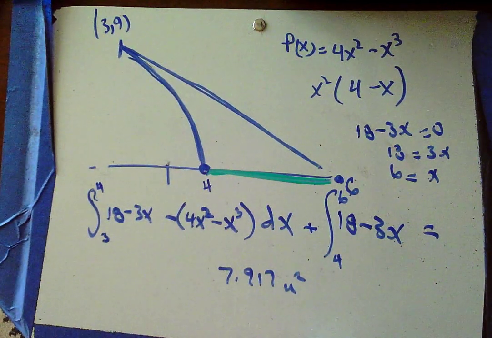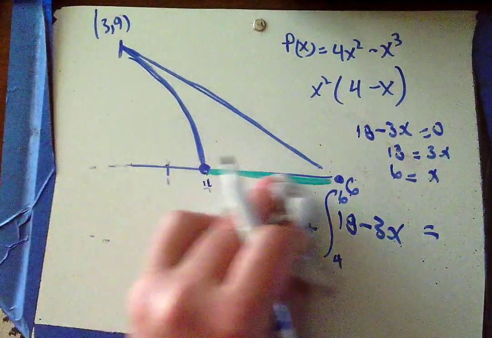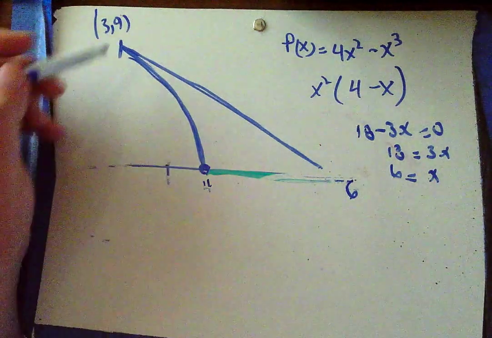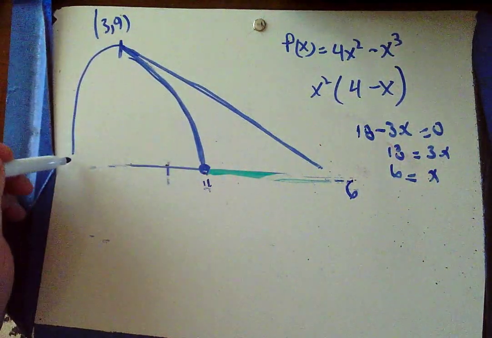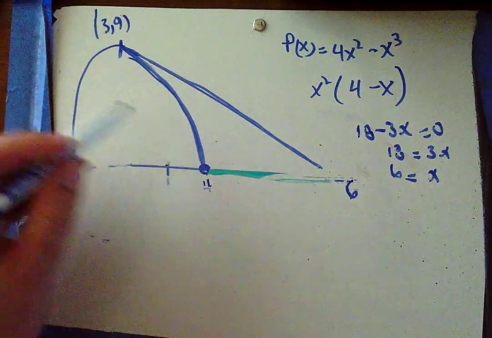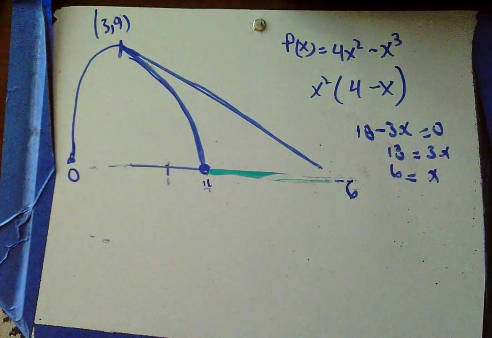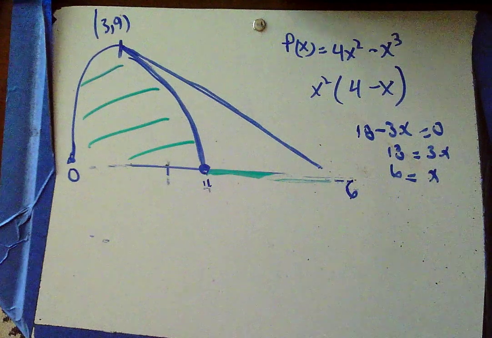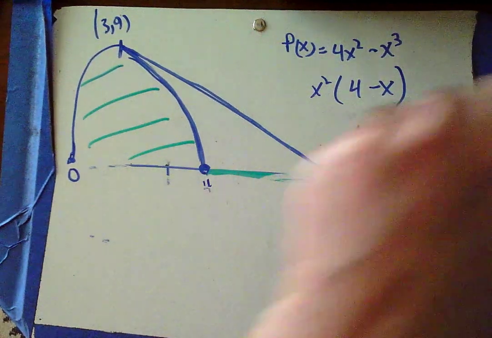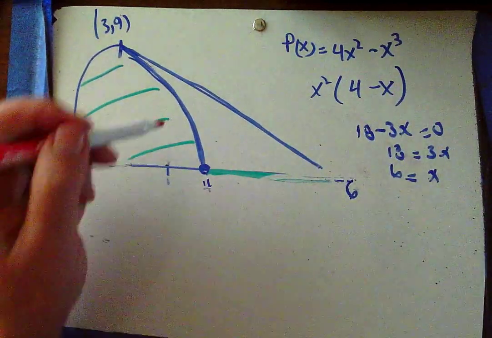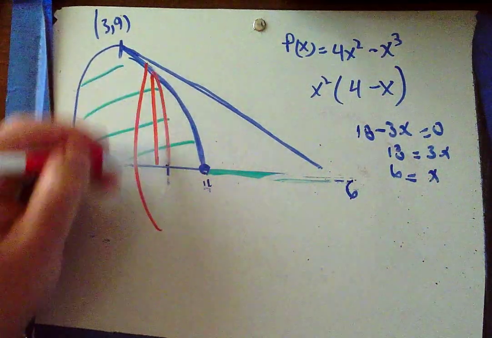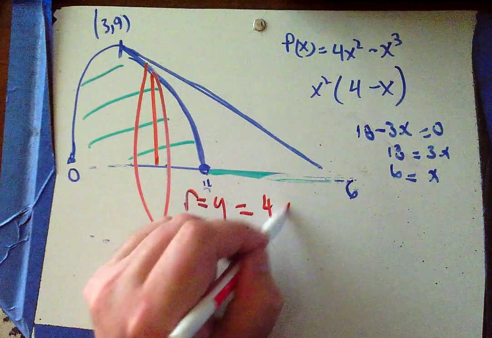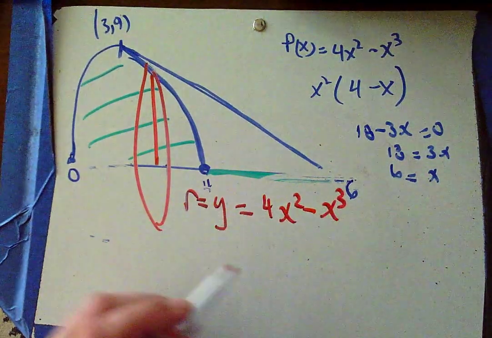Okay, finally part C, we're looking for a volume of rotation. We're looking to take R, this region, and we're rotating it about the x-axis. Well, it makes sense to me with this problem to do it in the form of disks, where R equals y equals 4x squared minus x to the third.